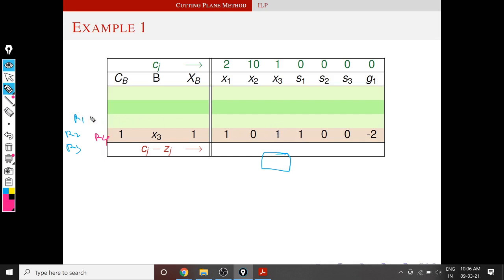Okay, then what are the corresponding changes? What about r3? R3 goes to r3 minus, what is our r3?